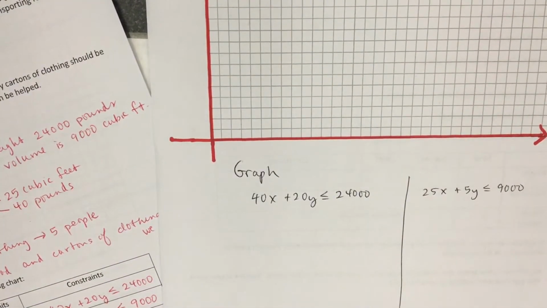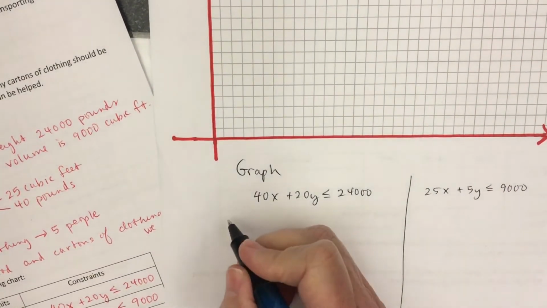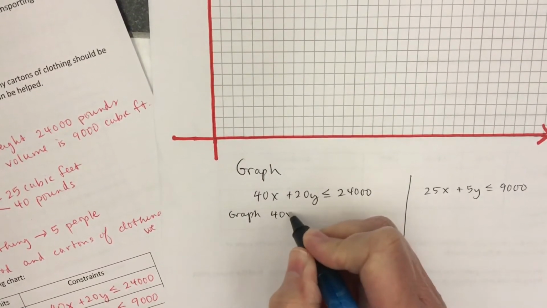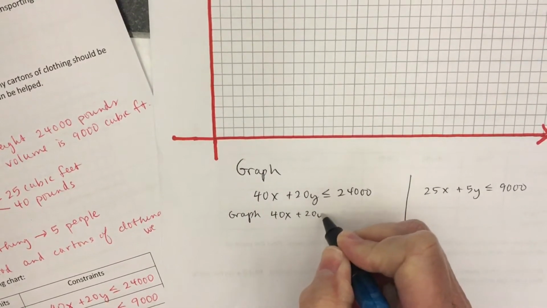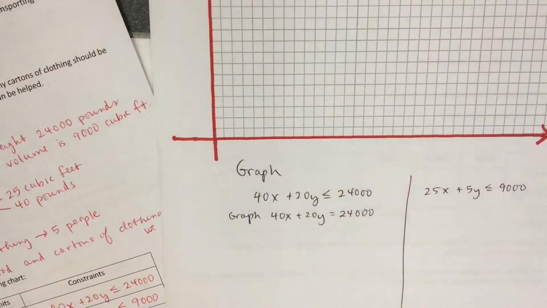For each of those graphs, we're going to do the line first, 40x plus 20y equals 24,000. And I've been saying for a couple of weeks, find the intercepts, find the intercepts, find the intercepts.